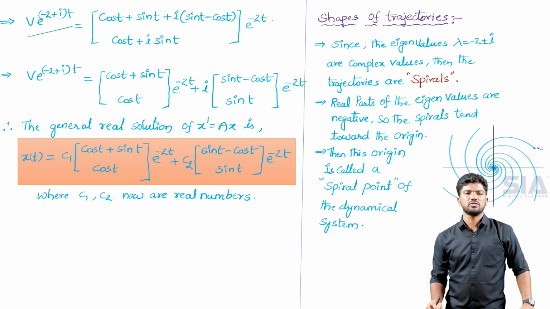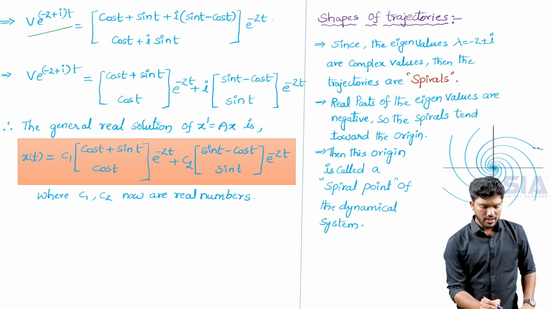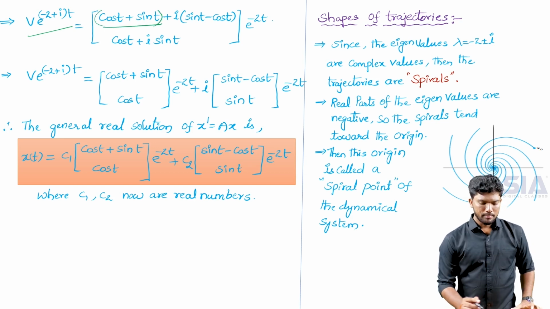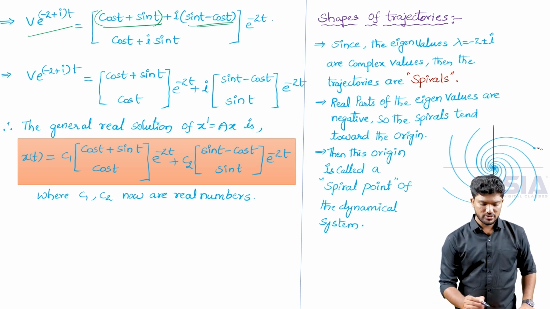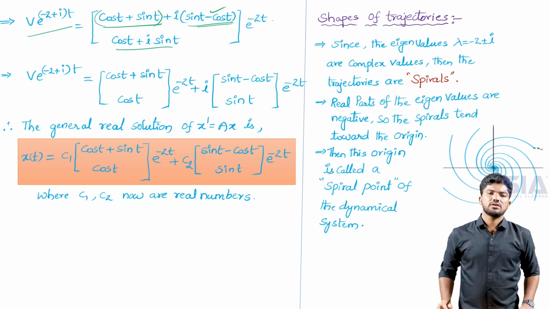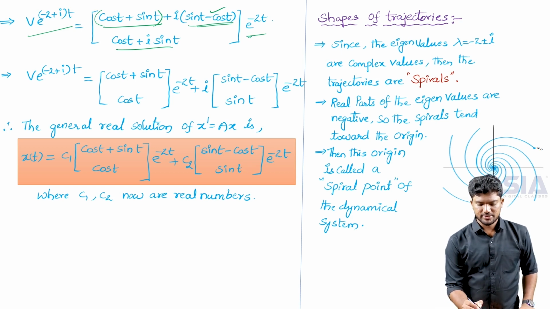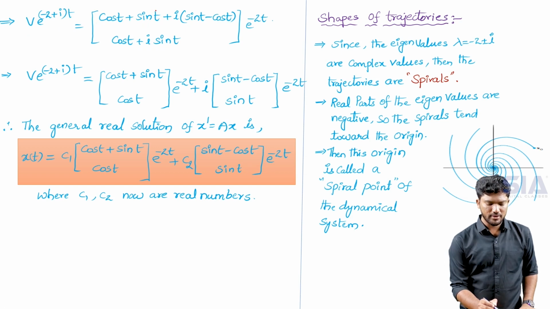LHS is equal to V into exponential power minus 2 plus i into t equal to cos t plus sin t, we can write one pair, plus from the remaining two terms if you take i common, then sin t minus cos t. And the second row remaining value is as it is, cos t plus i sin t into exponential power minus 2t. Here you can observe that the value is in the complex number format.